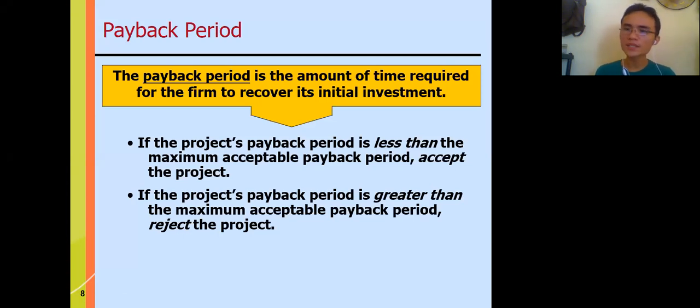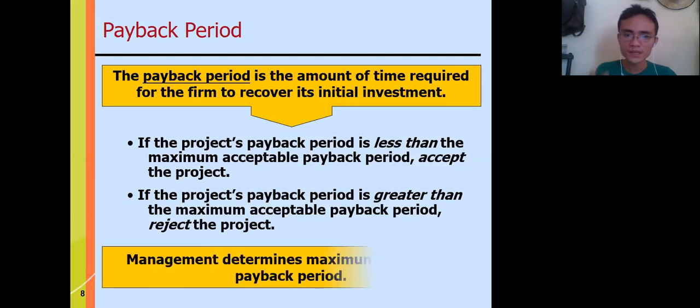Example, the standard is 3 years. And then when we computed the payback period, it is 2 years, meaning that is acceptable. If equal to 3 years, still acceptable. But if the payback period exceeds 3 years, then we are going to reject the project.